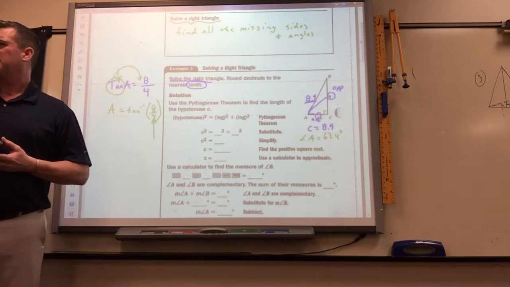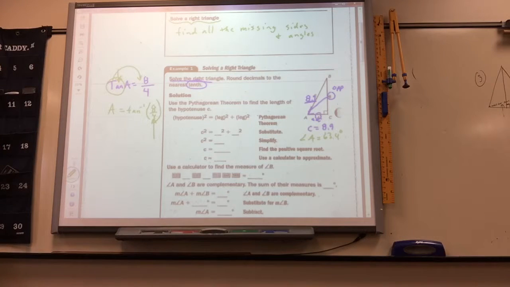Make sure your calculators are in degrees and not radians. Was yours on radians? Okay, yep, that's right. Was everyone else able to get it? Yes.